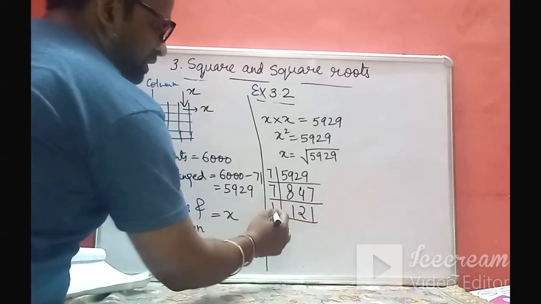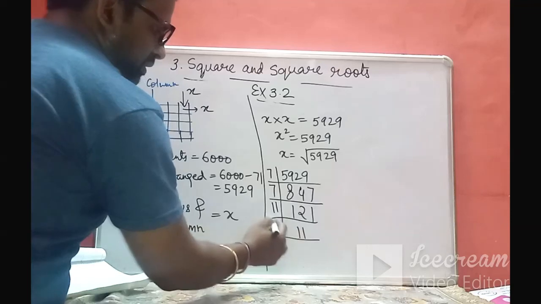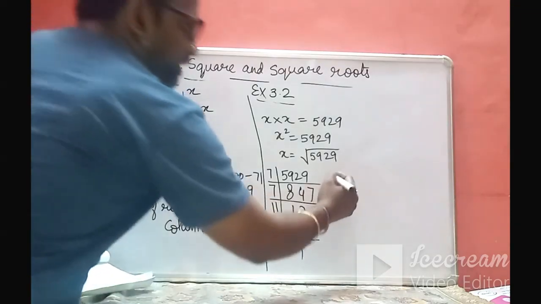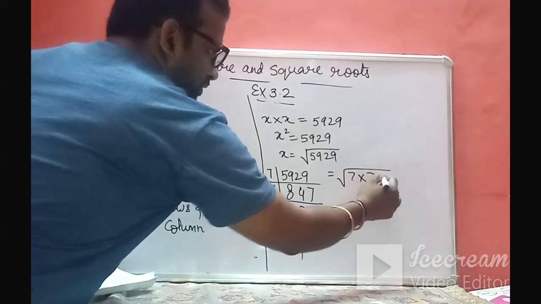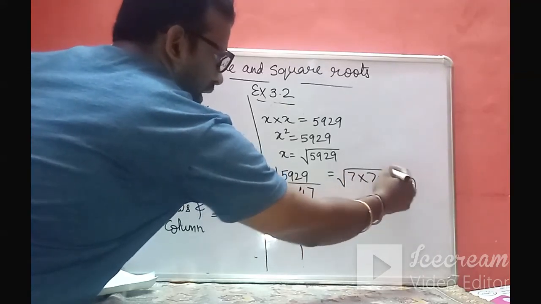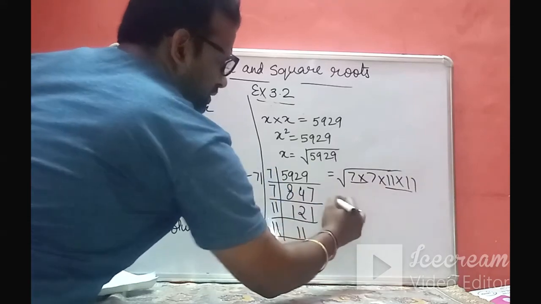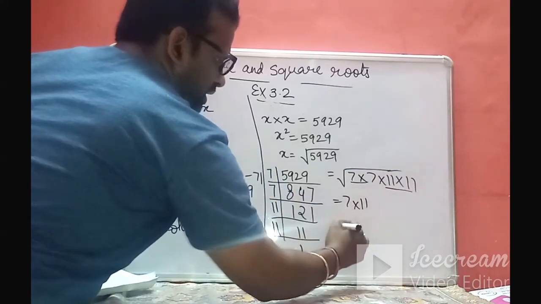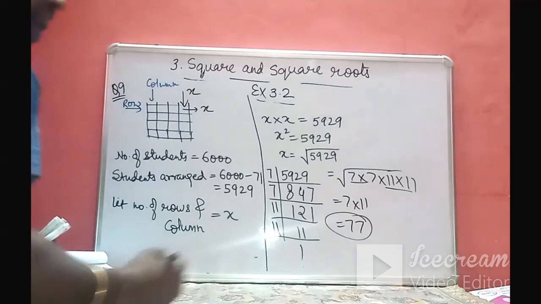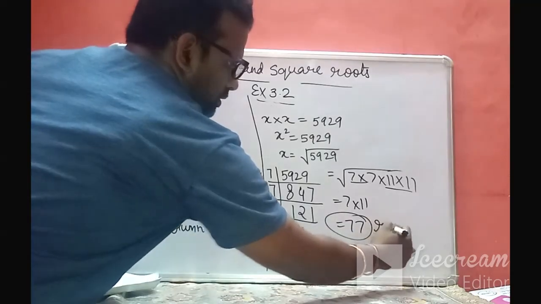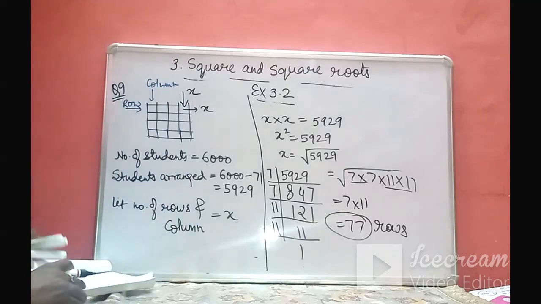Now 121 is divisible by 11 and 1. So we can say that its square root is 7 into 7 into 11 into 11, and since it has exact pairs, we can write 7 into 11, that is 77. So we got 77 rows. Understood?